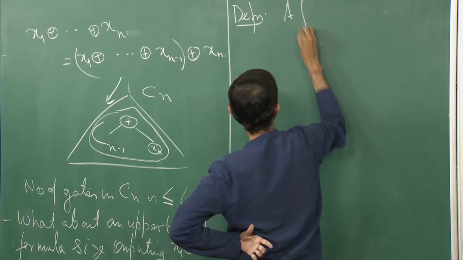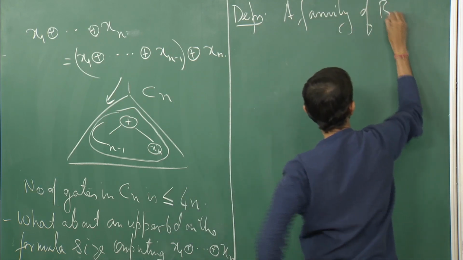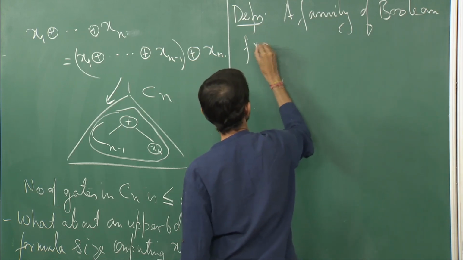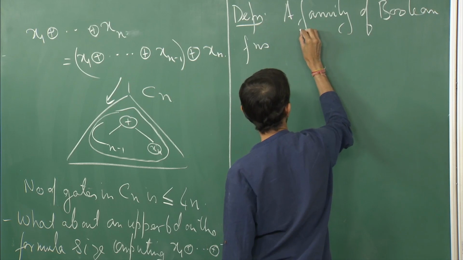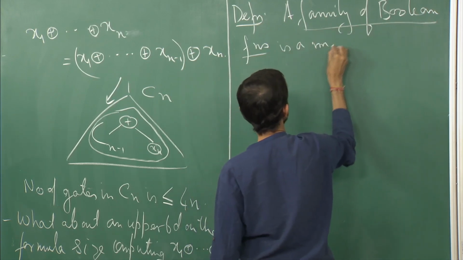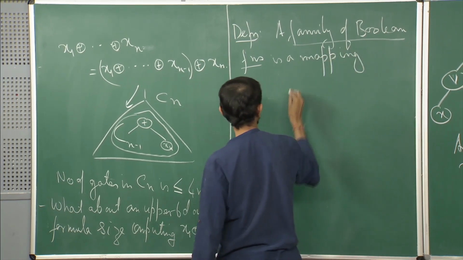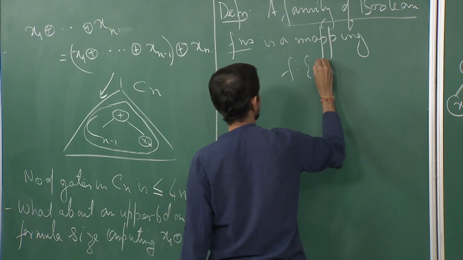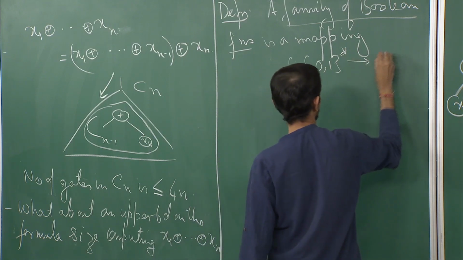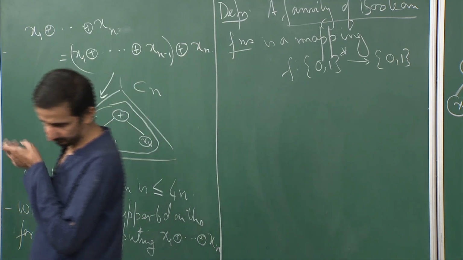So a family of Boolean functions is a mapping f from 0 1 star to 0 1.